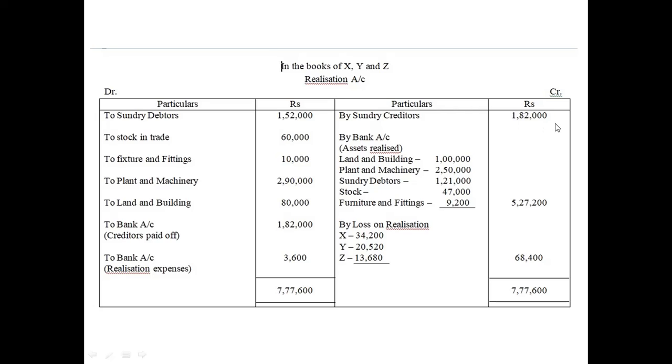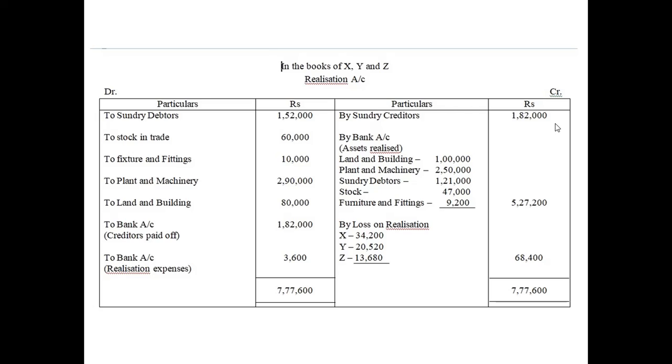Now go to the assets column. In the asset column you have cash at bank in the beginning. Cash at bank will not come. Cash or bank will never appear in the realization account from the balance sheet. So sundry debtors, stock in trade, fixtures and fittings, plant and machinery, land and building.